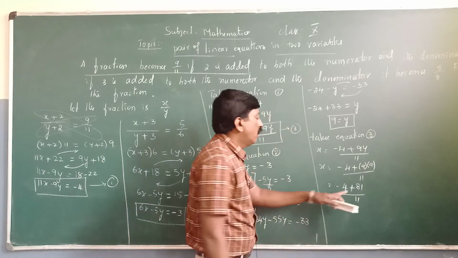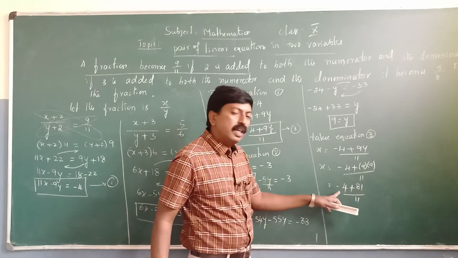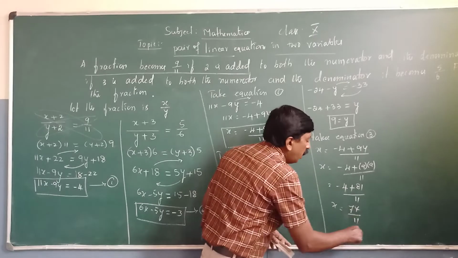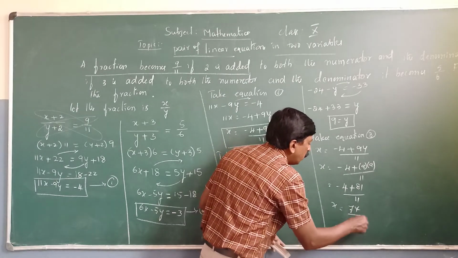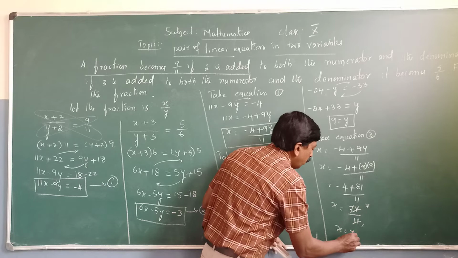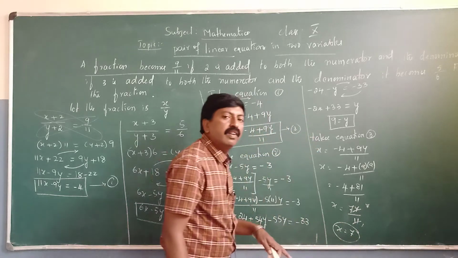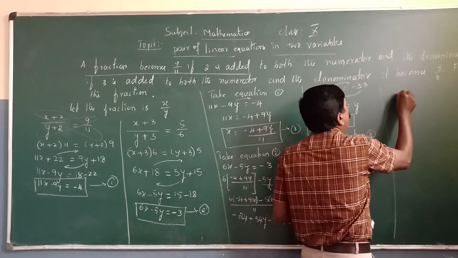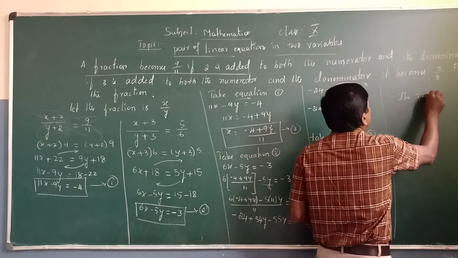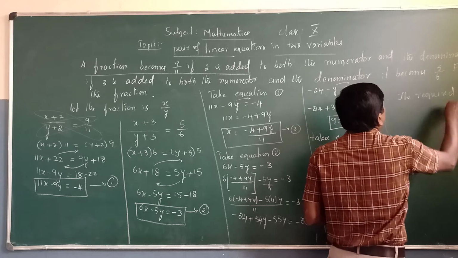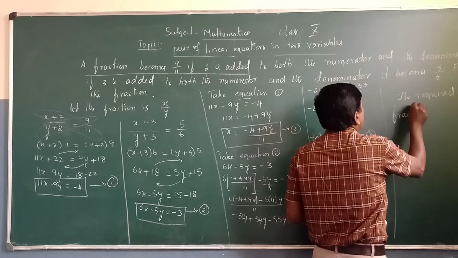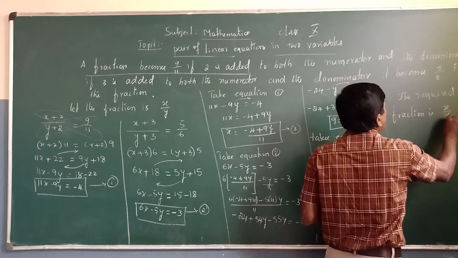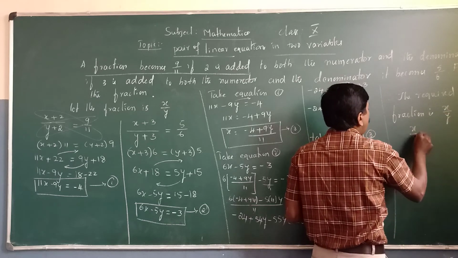Again, 81 minus 4 is 77 by 11. So x is equal to 11 1s are 11, 7s are 77. So x we got 7. Now write the required fraction. Therefore, the required fraction is the fraction you have taken, x by y.